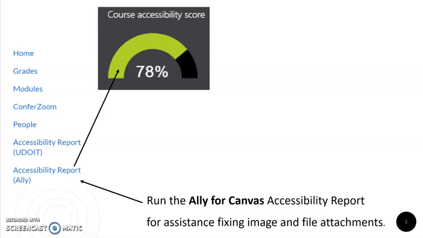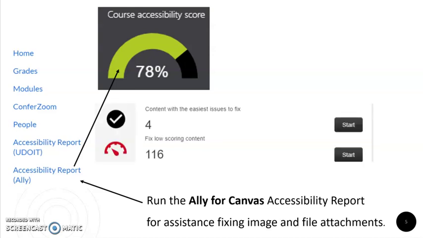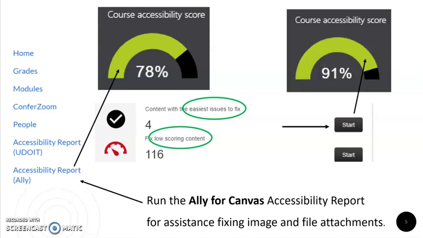Underneath your score, you will see a way to start fixing content. So you can start with the easiest issues to fix, or you can start with the issues that have the lowest score. It doesn't matter how you start, but just get in there and start fixing the errors, and you will see that your accessibility score increases.